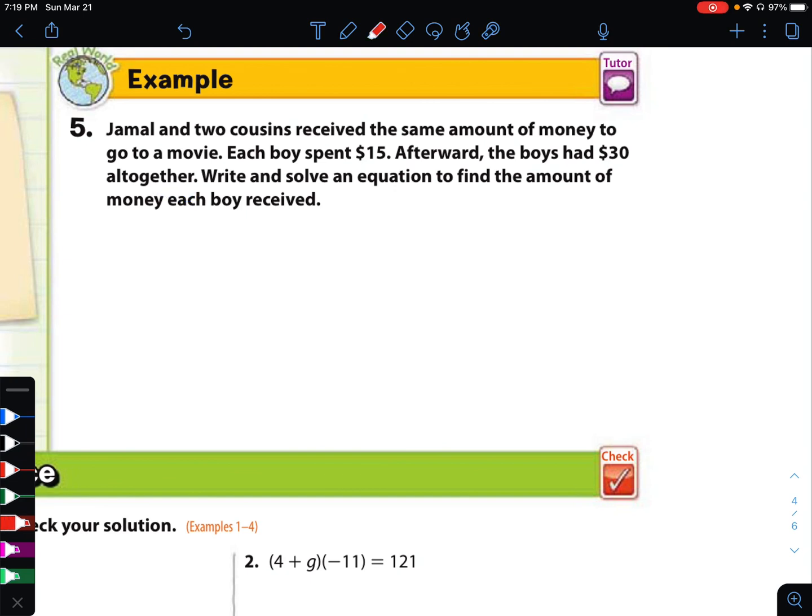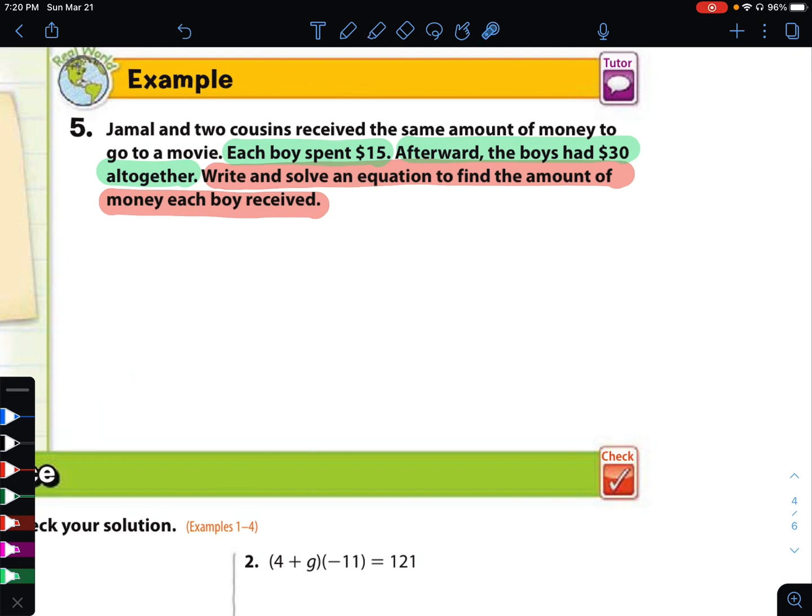So what we're being asked to do is write and solve an equation to find the amount of money each boy received. So again, what do we know? Each boy spent 15 bucks. Afterwards, the boys had 30 bucks altogether, meaning the sum of their money is $30.